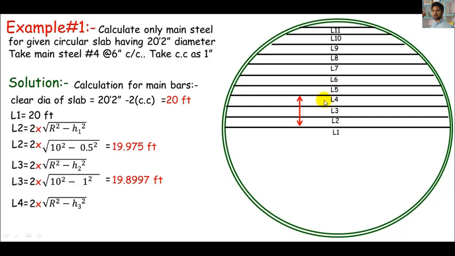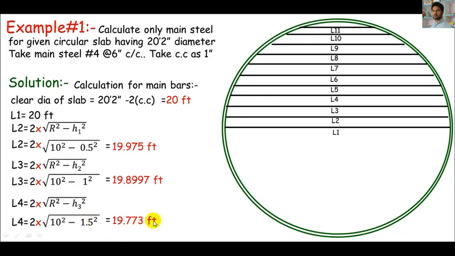So this is 0.5, 0.5 and 0.5. You must get 1.5 as H3. So plug in: 2 times square root of 10 squared minus 1.5 squared. You must get 19.773. It's good.